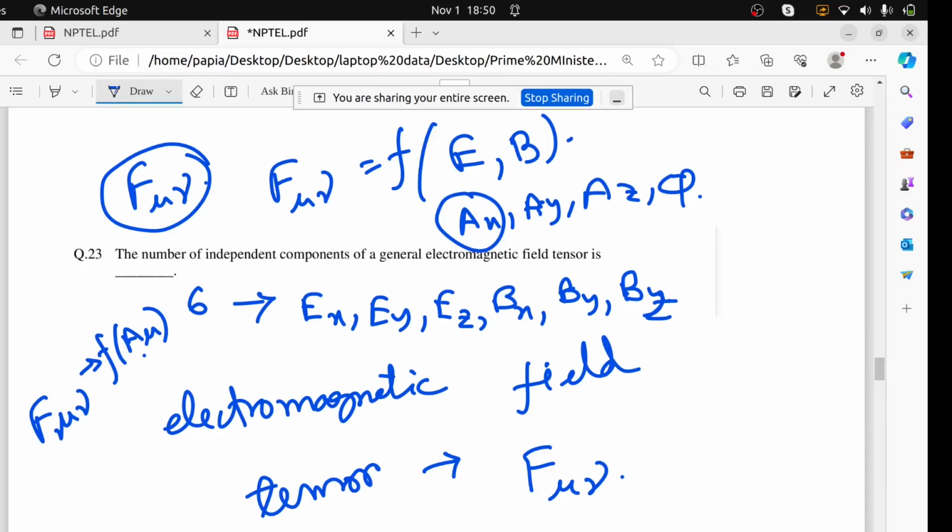So as a whole, if I talk about Ex, Ey, Ez, Bx, By, Bz as the fundamental ones, these 6 components help to calculate Ax, Ay, Az and phi, and from that calculation we can get the value of F mu nu. Okay.